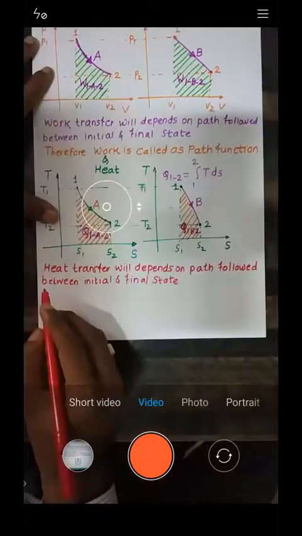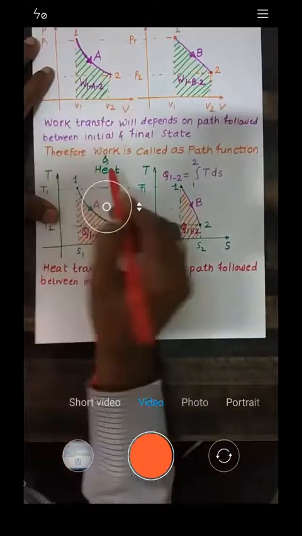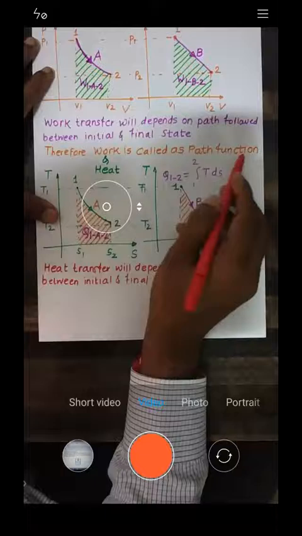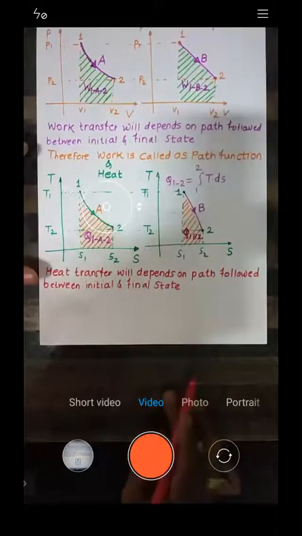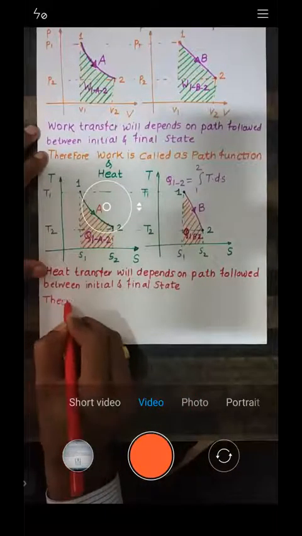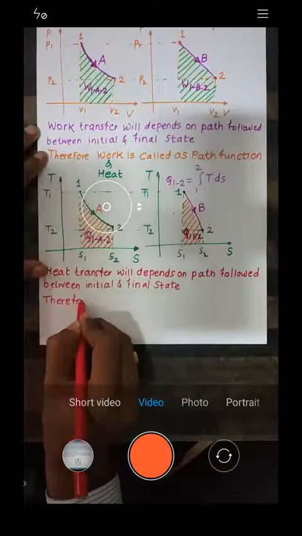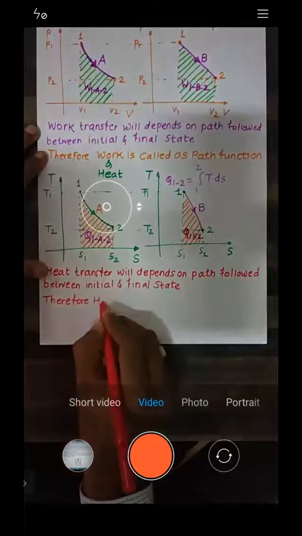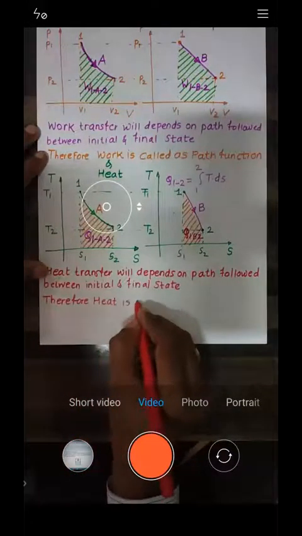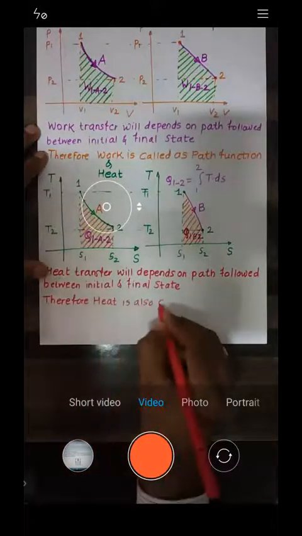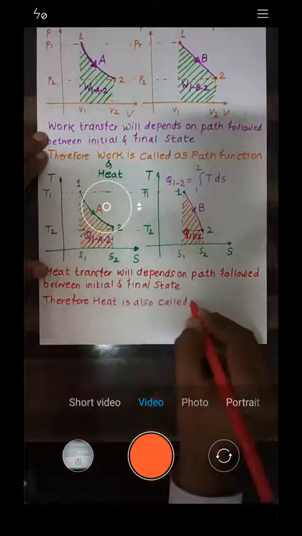So therefore, heat is called what? Path function. Is that okay? If you want, I will write it one more time. Therefore, heat is also called a path function.